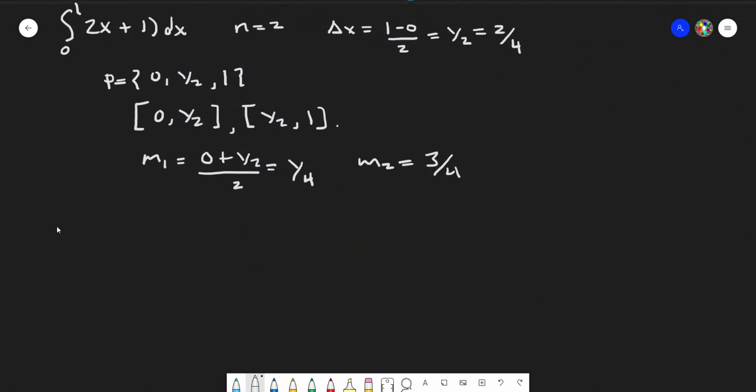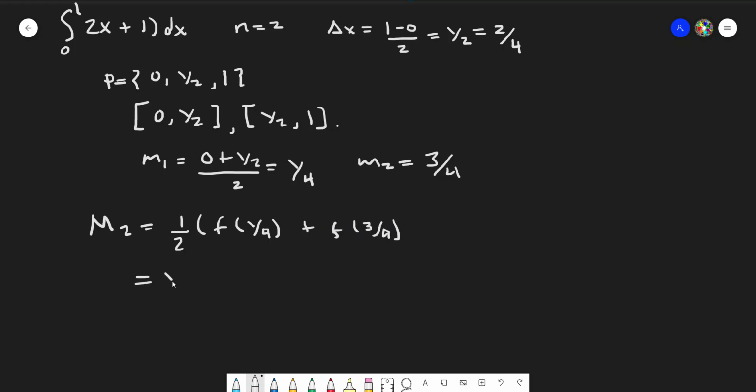Now, the midpoint sum is given by delta x, which is 1/2, multiplied by the function values: f of 1/4 plus f of 3/4.